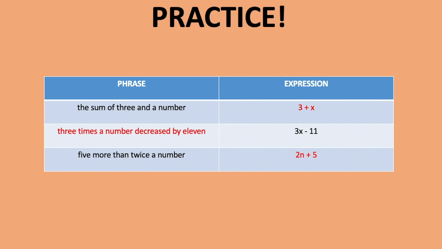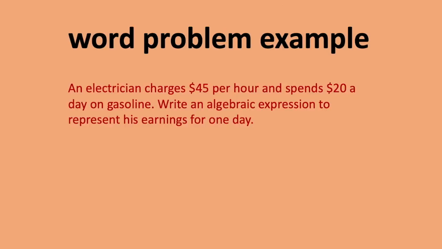All right, let's do a word problem example. An electrician charges $45 per hour and spends $20 a day on gasoline. Write an algebraic expression to represent his earnings for one day. When you think about an electrician, he's going to be out and about for the whole day. He's going to spend different amounts of hours at different people's houses.